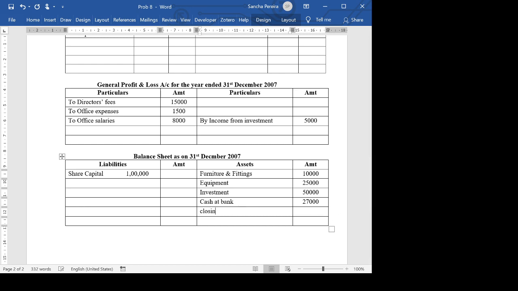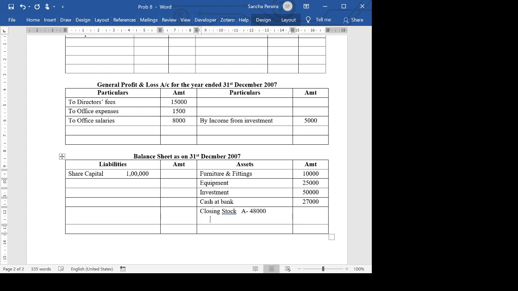Closing stock. Now there's going to be an adjustment here. Closing stock of A is 48,000, and of B it is 3,750. Now I'm not adding this because there's going to be some adjustment.